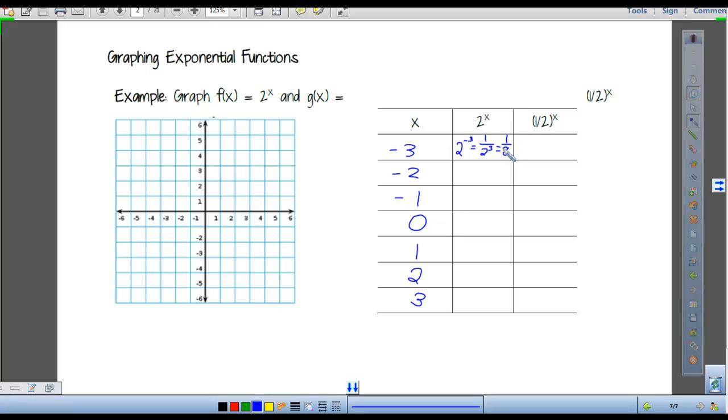If we do 2 to the -2, we're going to get what? 1/4. 2 to the -1 is 1/2. 2 to the 0 is 1. 2 to the 1, 2. 2 squared is 4, and 2 cubed is 8. Okay? All right, so let's see if we can plot some of those points.